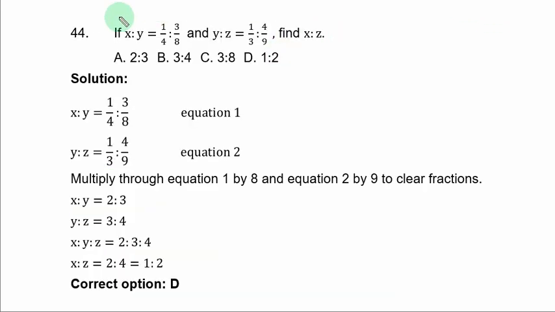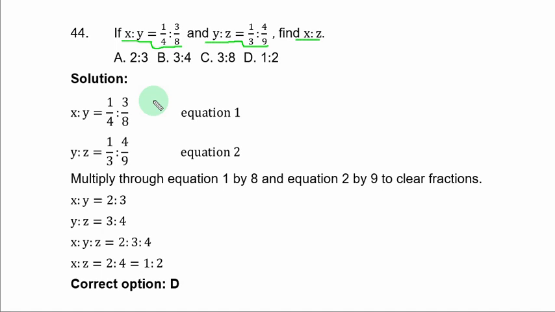Question 44. If S ratio Y is equal to 1 over 4 ratio 3 over 8 and Y ratio Z is equal to 1 over 3 ratio 4 over 9, find S ratio Z. We can have the two expressions as two equations, equation 1 and 2. Now let's try and clear the fractions first.